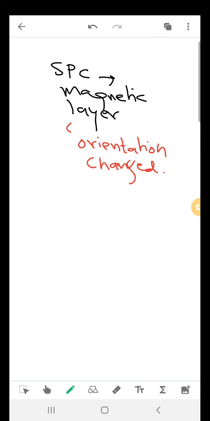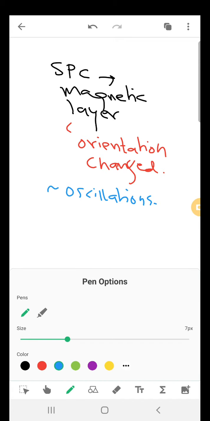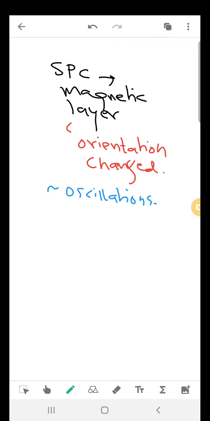And this can lead to oscillations or even a flip. Oscillation means the magnetic moment can oscillate from here back to here, but it can also flip.